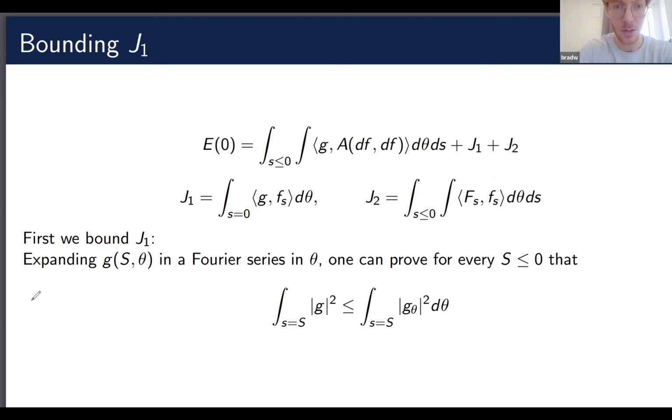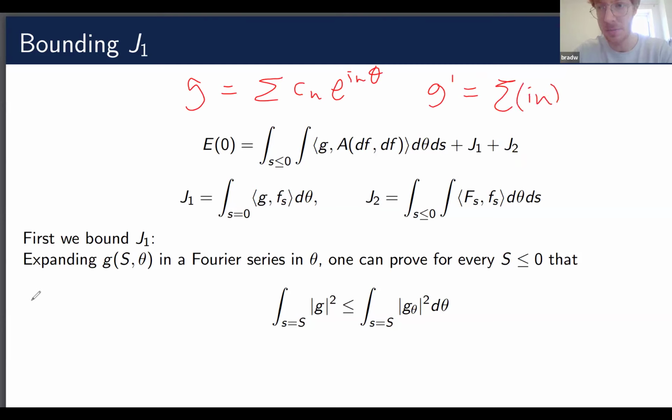So very roughly, G on some slice will be given by some sum of Fourier coefficients like this, and G prime will be given by something similar. And the idea is to just use Parseval's inequality.